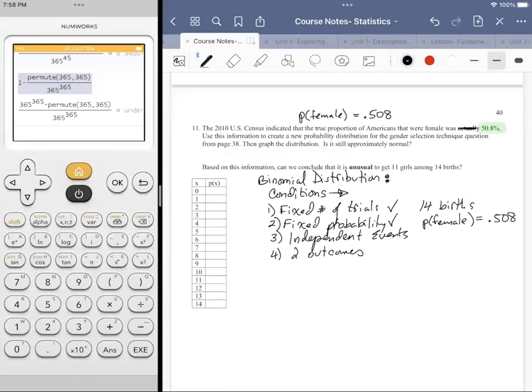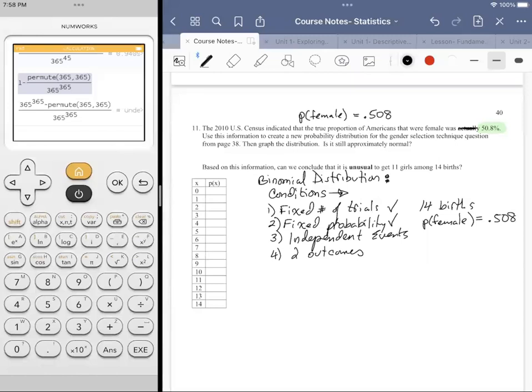So let's say there's 14 births, I'm assuming it's in a maternity ward, where there's a bunch of different folks having kids. It's not necessarily one person giving birth to, I don't even know what you'd call it, not triplets, not octuplets, but 14 plits, so they just keep coming and coming.